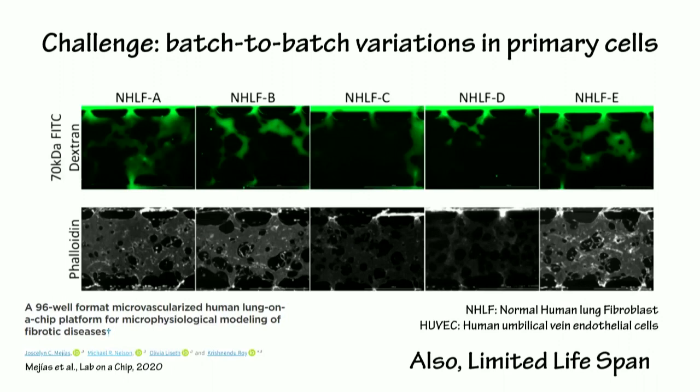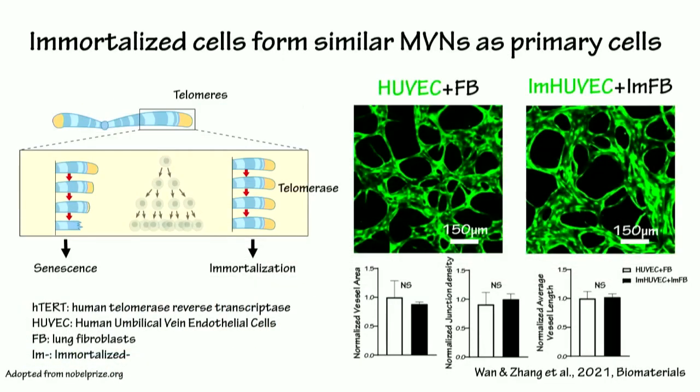The other thing is, even if you find a good pair of stroma cells and endothelial cells, eventually you are going to use all of them, because they are primary cells, you cannot passage them a lot, so they have a limited lifespan. To solve this problem, we took advantage of the immortalization technique, by overexpressing hTERT, human telomerase reverse transcriptase, in endothelial cells and stroma cells.